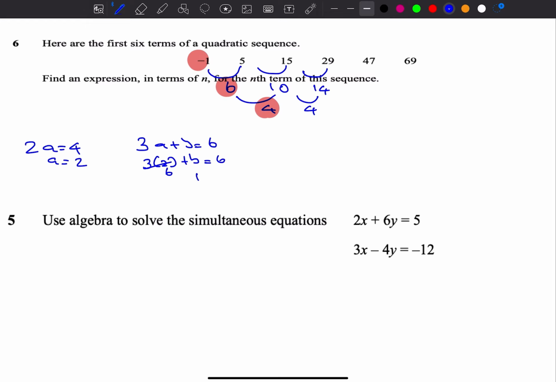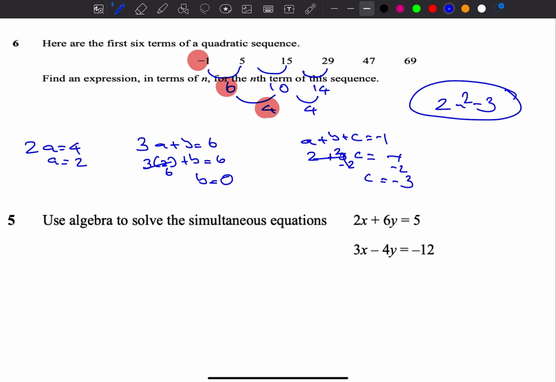That's 6. B is 6 take away 6, which is 0. Last one is a plus b plus c is minus 1. A is 2, b is 0, c is minus 1. That's 2. Take 2 out, cancel. C is minus 3. 2n squared minus 3. Because b is 0, the n term goes away, isn't it, right?